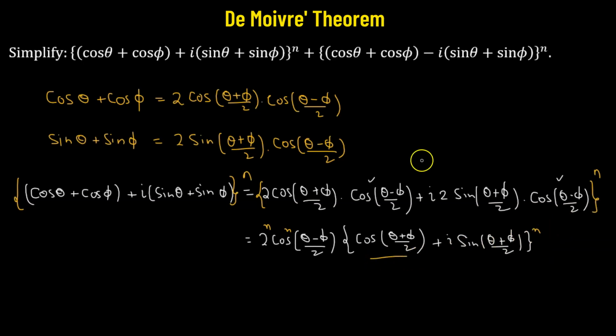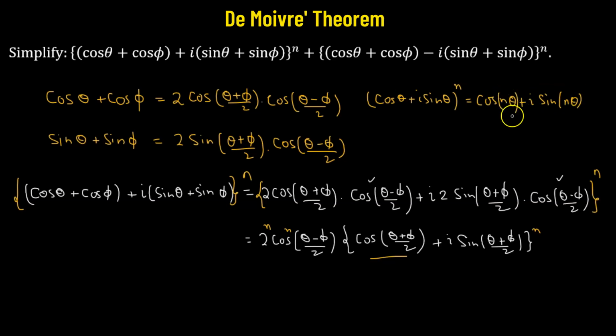Now here we can apply De Moivre's theorem, which simply states that (cosine theta plus iota times sine theta) whole raised to the power of n is given by cosine of n theta plus iota times sine n theta.